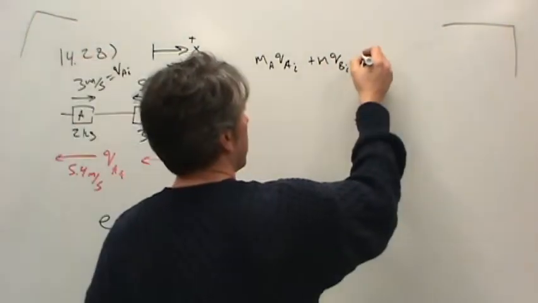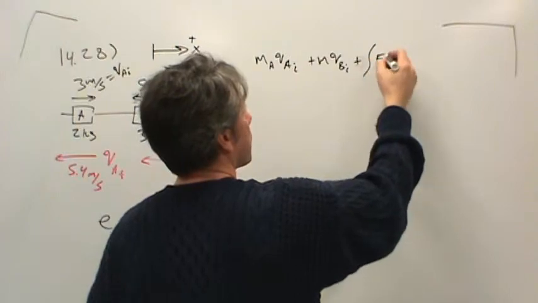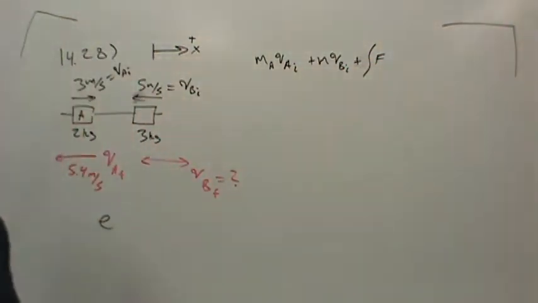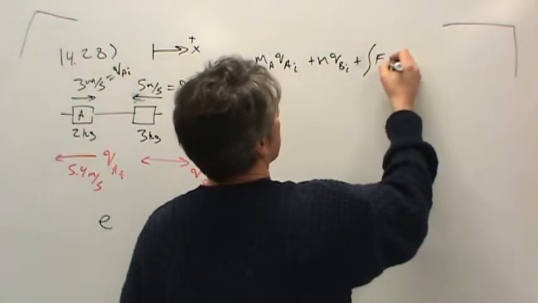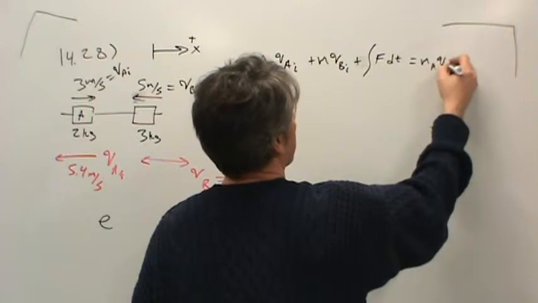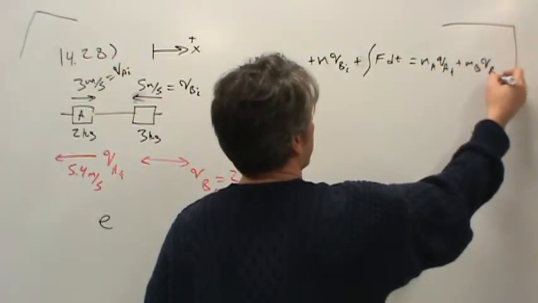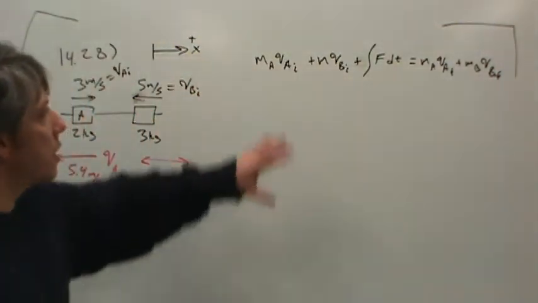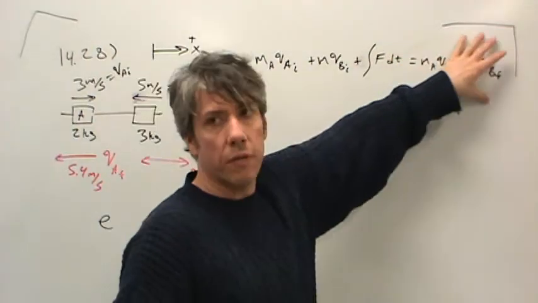That sum, plus whatever external forces to the system, whatever forces that are outside of A and B that act over time, would be equal to the mass of A times the velocity of A final plus the mass of B times the velocity of B final. So I'm just saying that the initial momentum plus whatever impulse that occurs equals the final momentum.